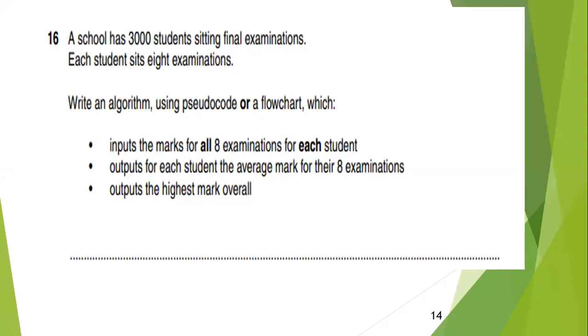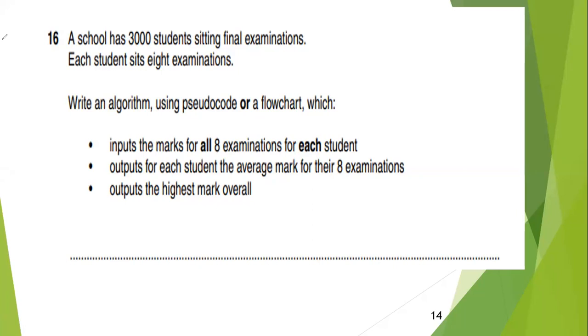Now see here, basically the requirement is there are 3,000 students. We can take 3 students, and the outer loop will run for the number of students, and then it says each student gives 8 exams. So input the marks for all 8 examinations for each.